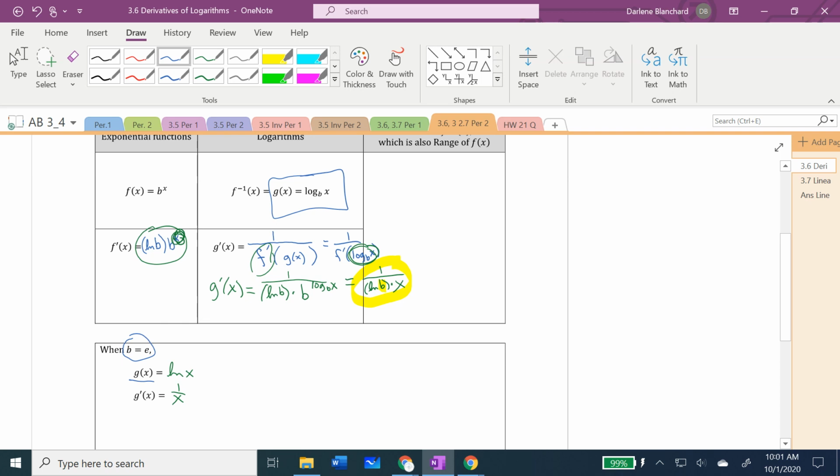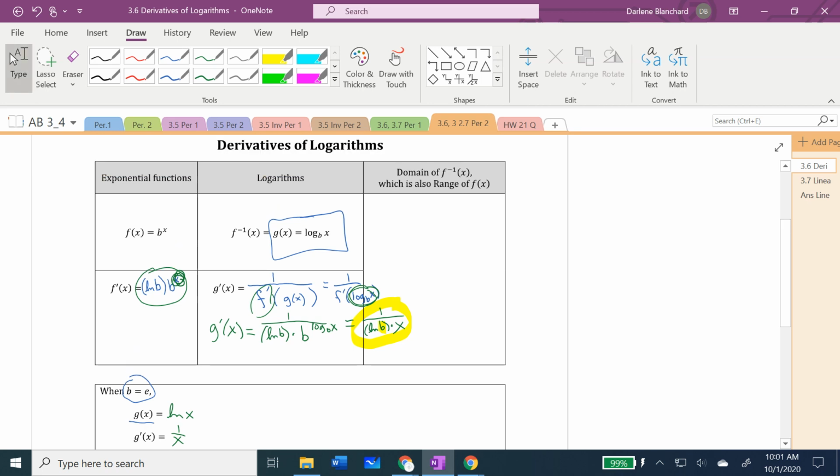We write it with ln, and that's just understood to be our base e logarithm. If my function is a logarithm, what is its domain? Correct. Positive numbers only. 0 to infinity.